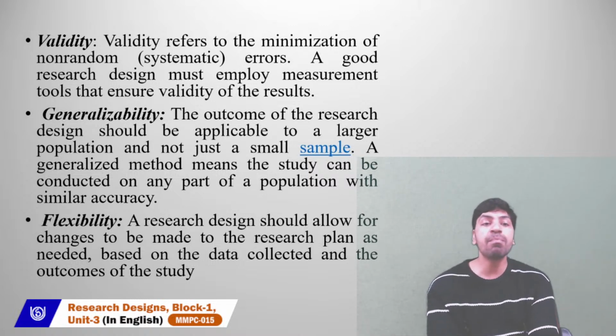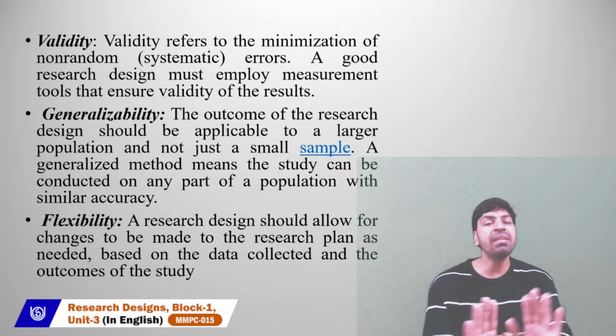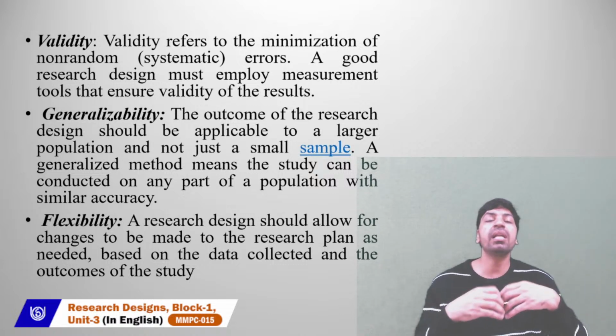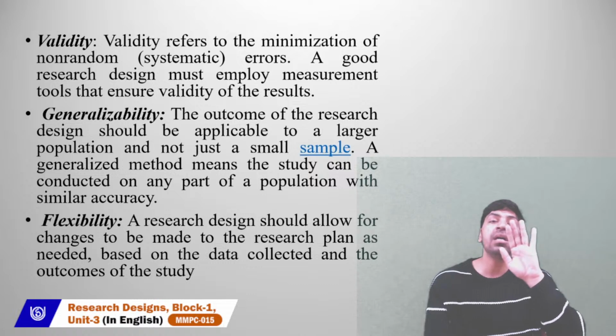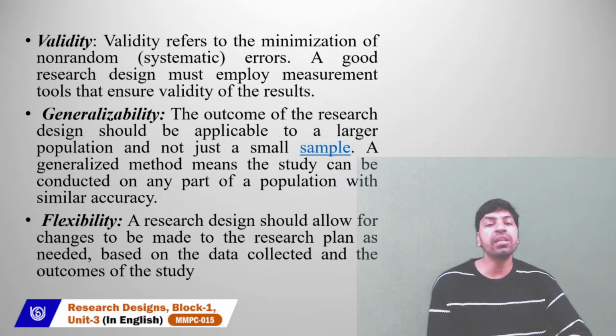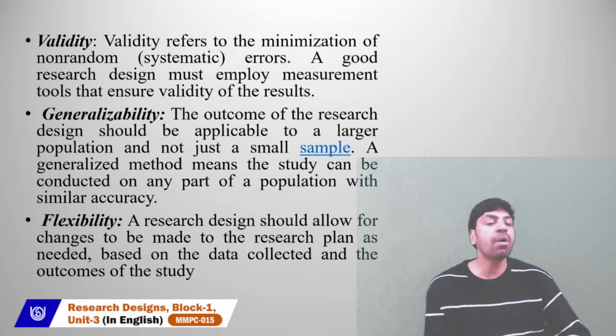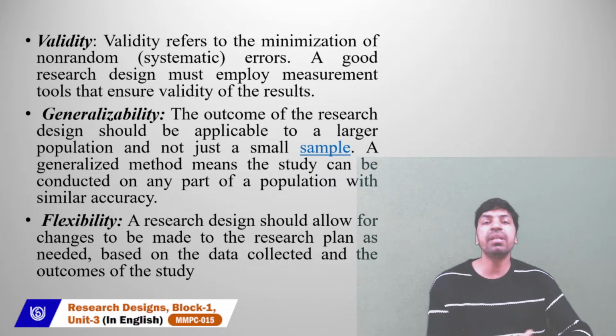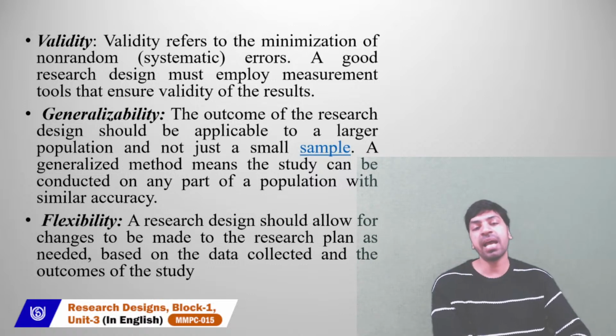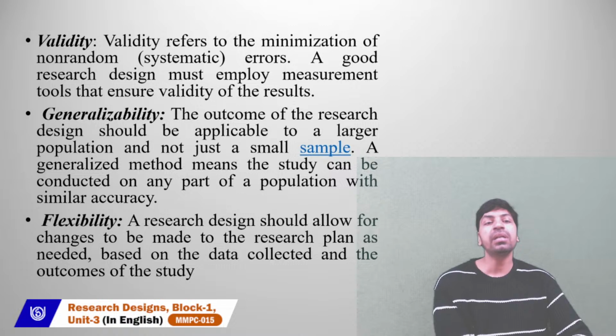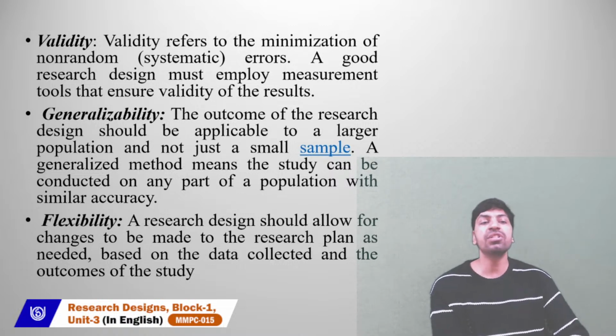Generalized methods refer to a study conducted on any part of the population, whether a large population, the urban population of the country, or the suburban population of the country, having a similar accuracy level, which ultimately applies this particular characteristic of the research design.